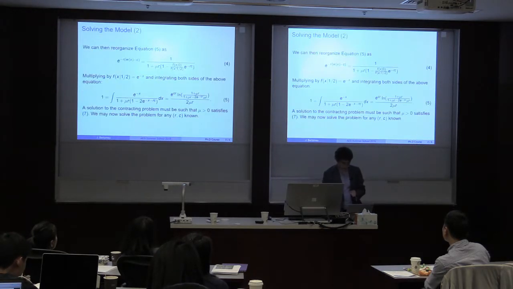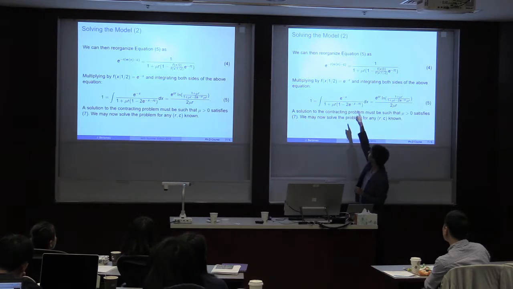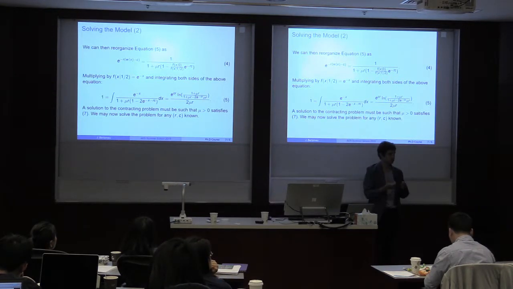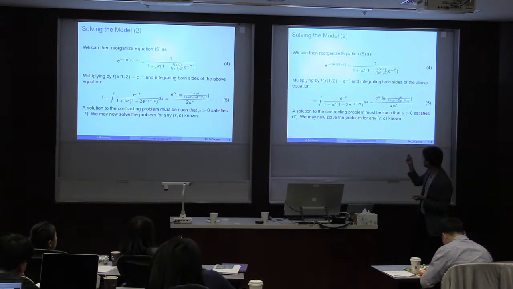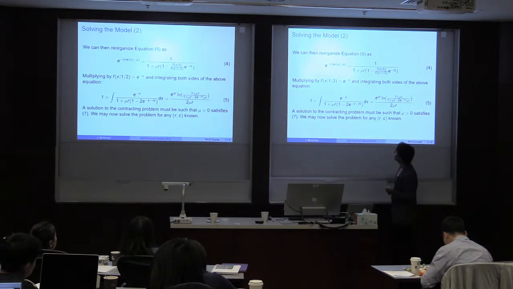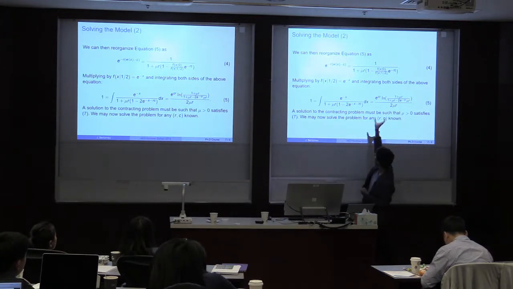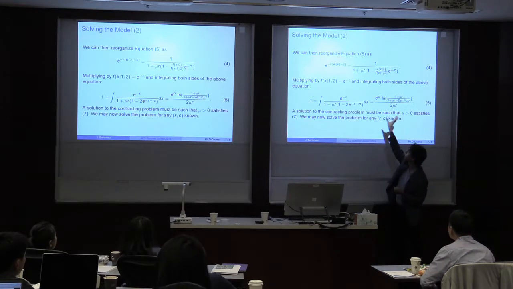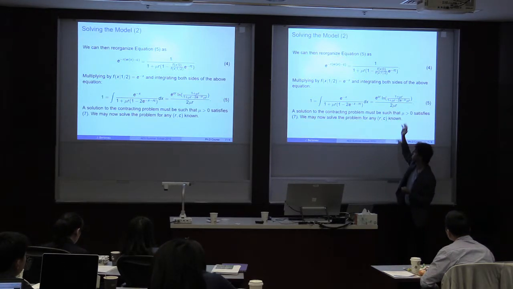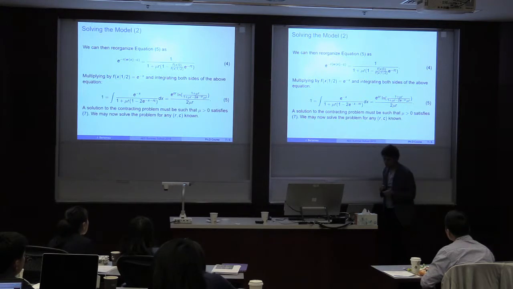Rewrite wx, or rather e of minus r wx, and this is what it shows up after you substitute in the optimal lambda, all right? All right, so once you have this, then essentially you have an equation that will help you try to pin down what mu could be. All right. So what can you do here?